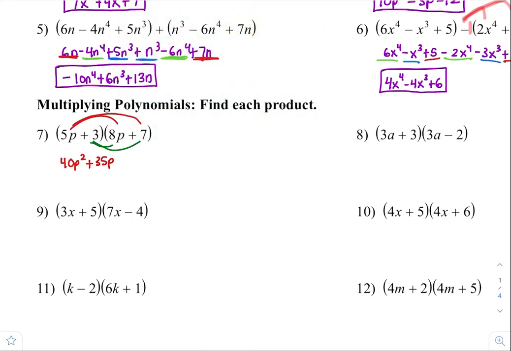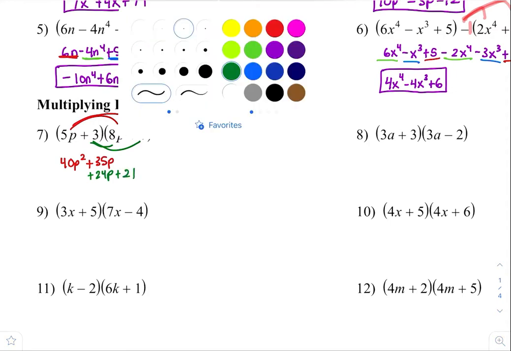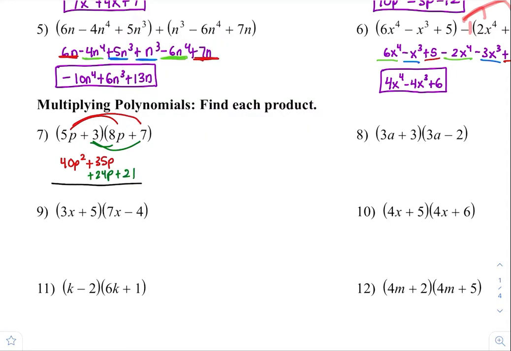Now the green, 3 times 8p is plus 24p, and 3 times 7 is plus 21. So combine those, we got 40p squared. 35 plus 24 is plus 59p plus 21.